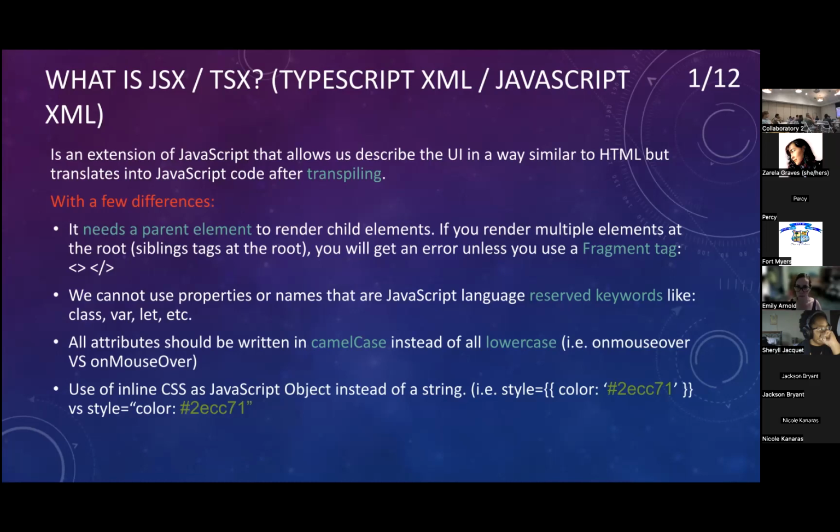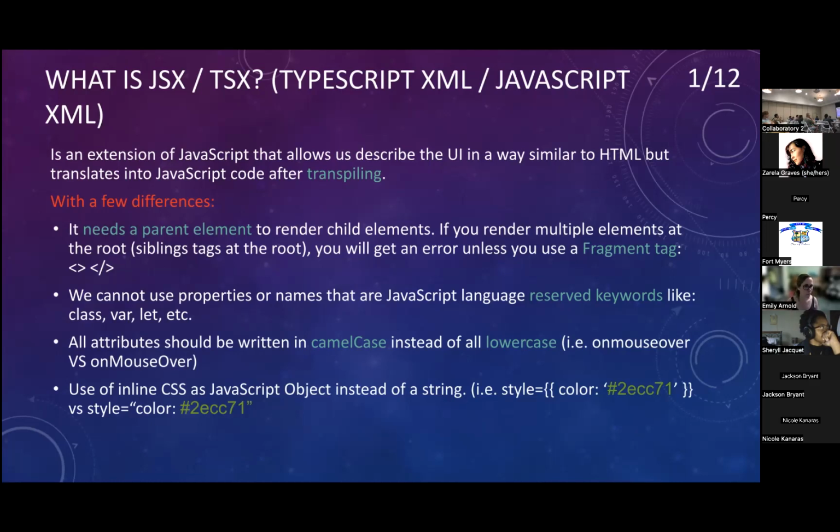You can't have two parents in the root component. You can only have one, but if you have multiple ones, you have to use the fragment tag, which is this one. It looks like an empty HTML tag. We cannot use property names with reserved JavaScript keywords because obviously it will not work. And use camel case everywhere for the properties.